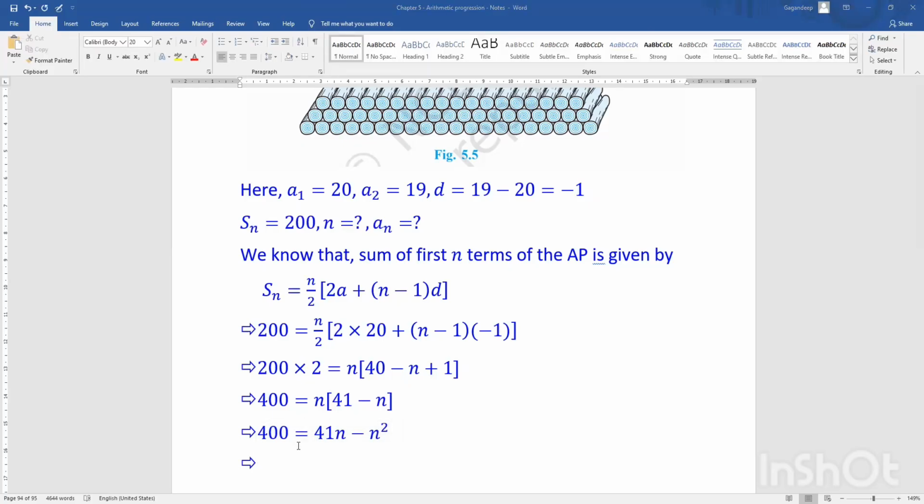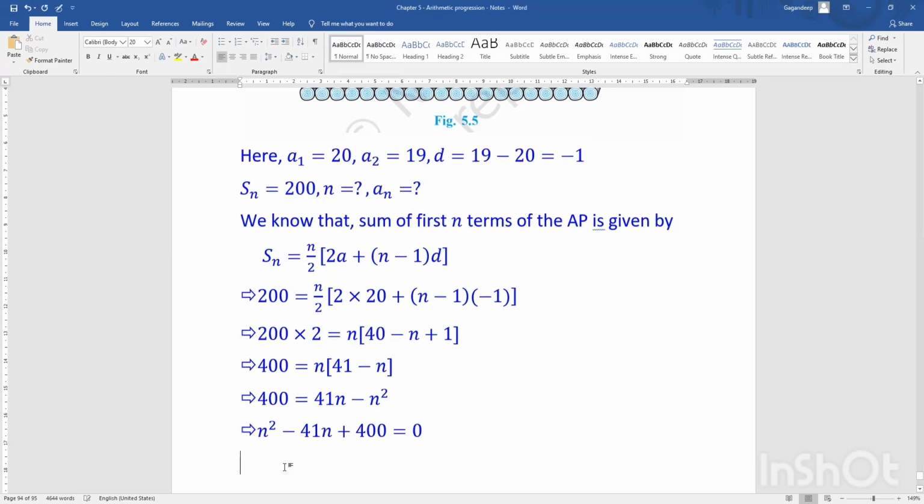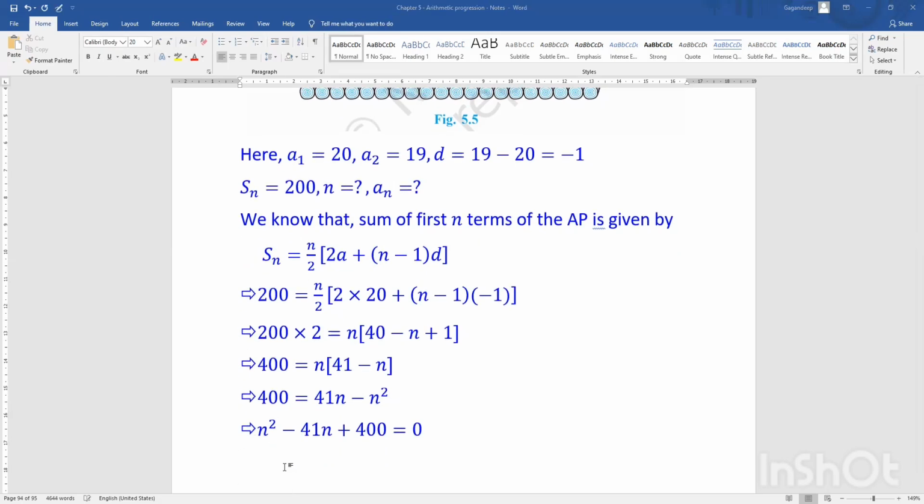You get n square minus 41n plus 400 equals 0.